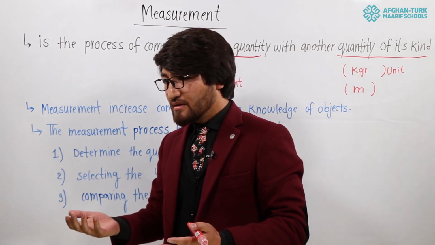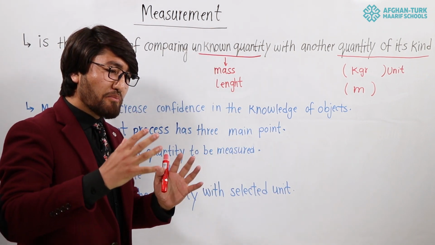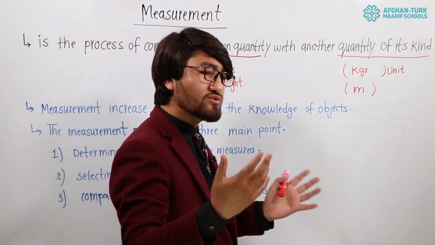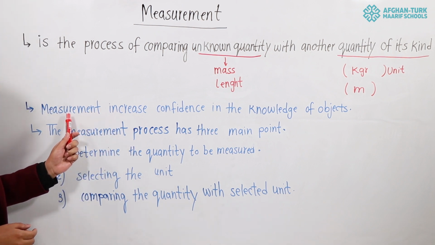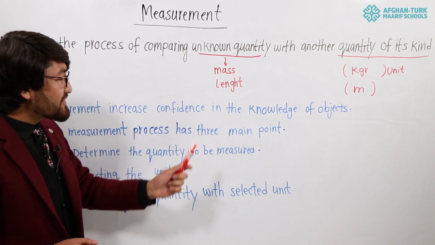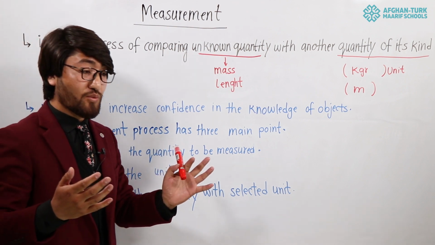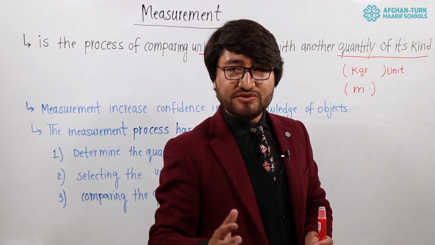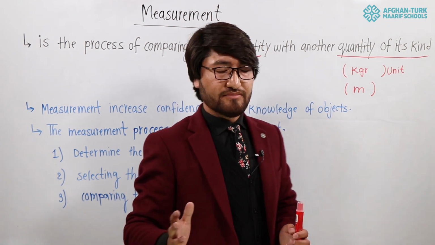Suppose when scientists measured the atom, scientists knew the atom. It means when we measure an object, we understand the properties of the object.